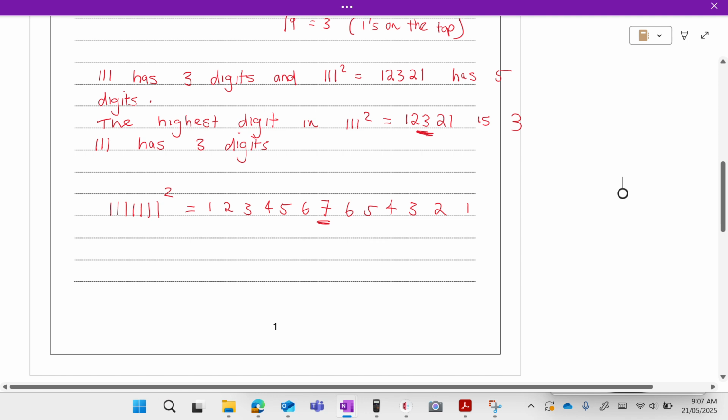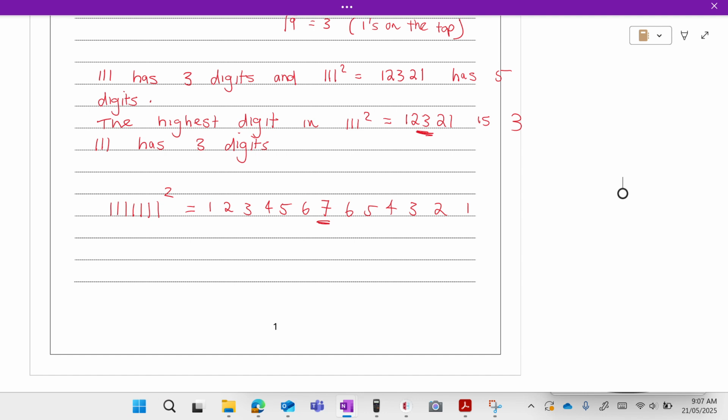Now, I wouldn't be satisfied with that as my answer. I'd like to see some backing up. So what could I say? That's following the same rule as the other ones, because 7 is the highest digit in the answer. Good, and that's the same rule for all of them.